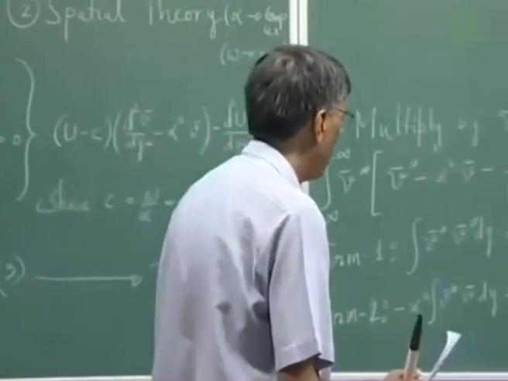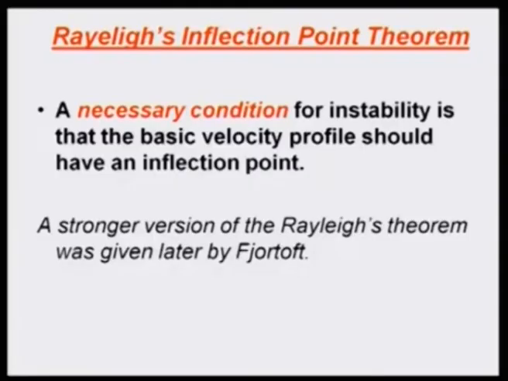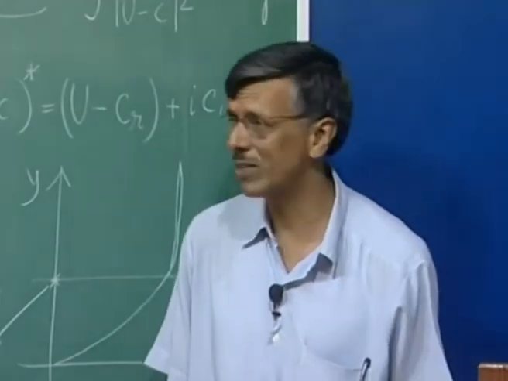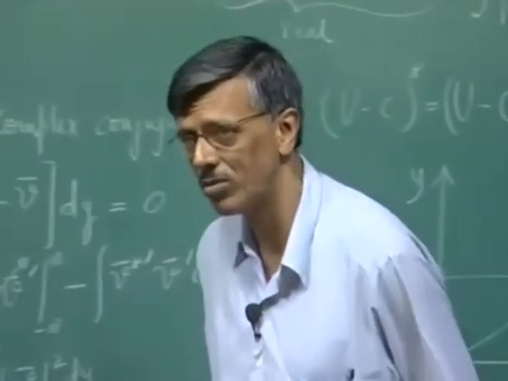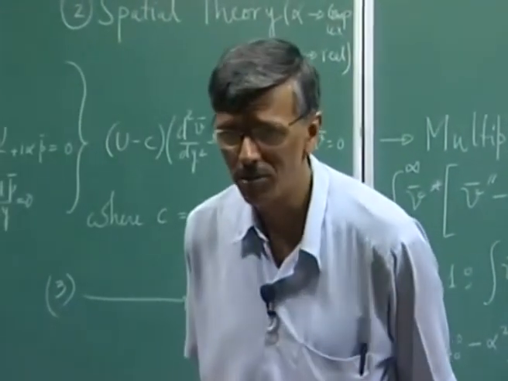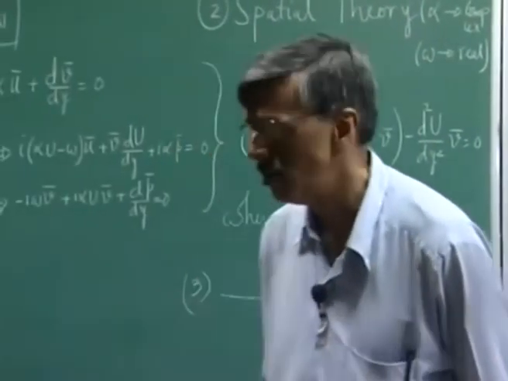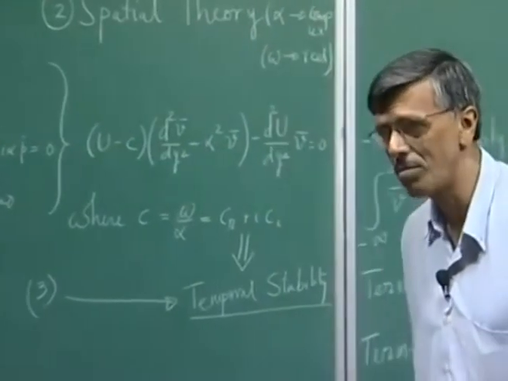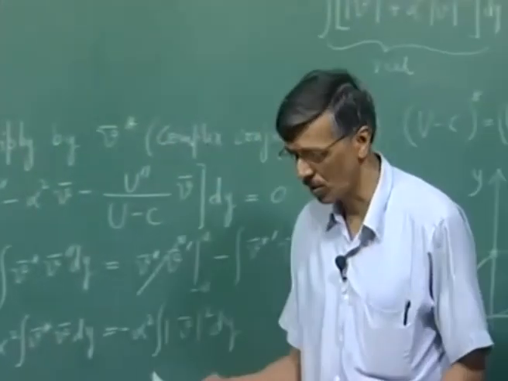So, this is what was done by Rayleigh, and as I told you, he did it without the equation. All he said was that if I can measure the velocity profile, or get an analytic expression for it, the equilibrium condition itself tells me whether that scenario depicts a stable or an unstable condition. Okay.